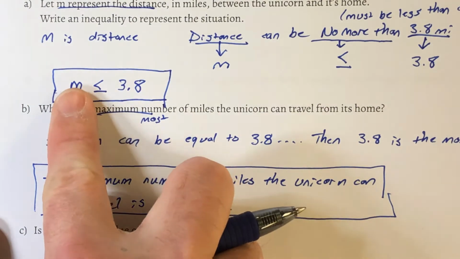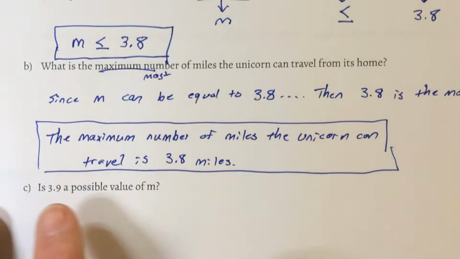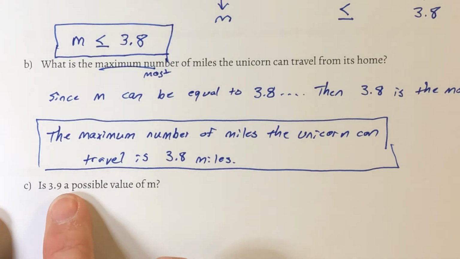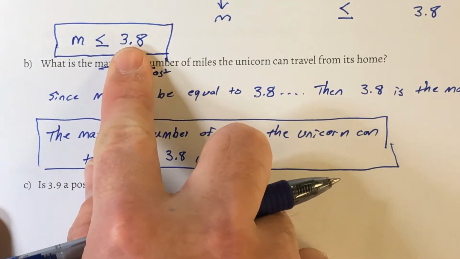So for example, m could equal 3.8, or it can be anything less. So we're essentially asking, can it be 3.9? Well, we ask ourselves, is 3.9 less than or equal to 3.8? No, it's not.